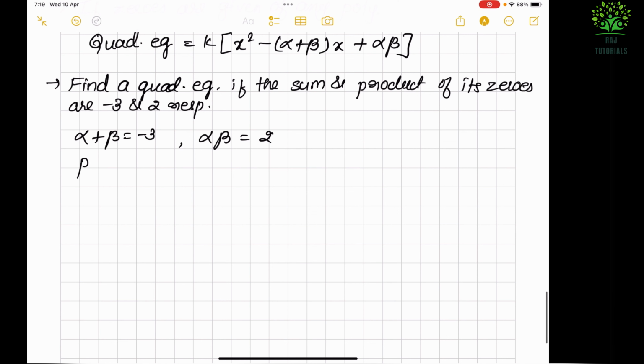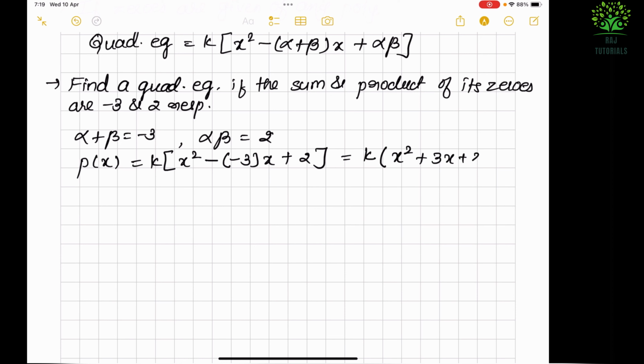So I can directly say p of x equal to k into x square minus (alpha plus beta, which is minus 3), so minus of minus 3x, plus alpha beta, which is 2. So this equation will become k into x square plus 3x plus 2. Now one solution for this sum and product of the zeros is x square plus 3x plus 2. If I want more than one equation, I can multiply it with 2, 3, 4, so I will get that many equations.